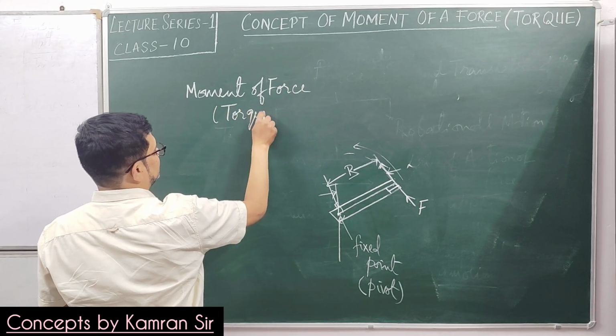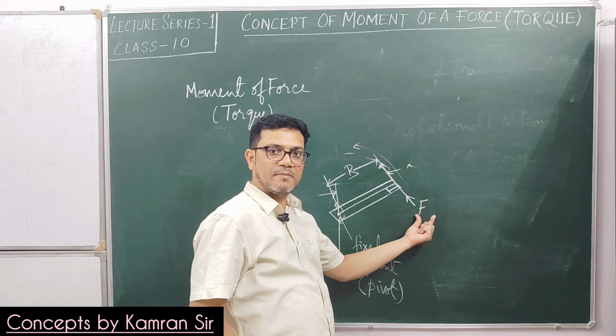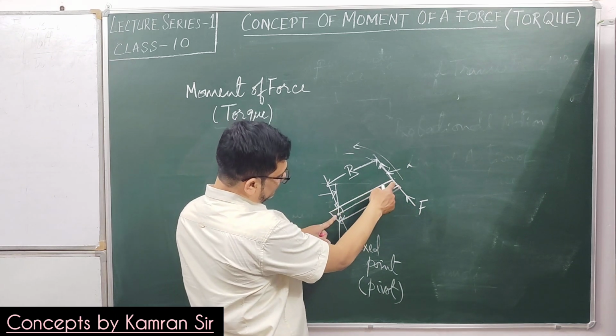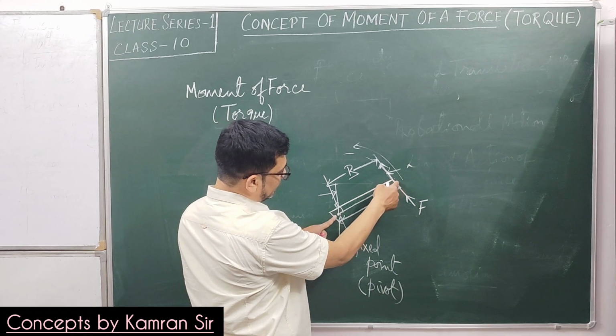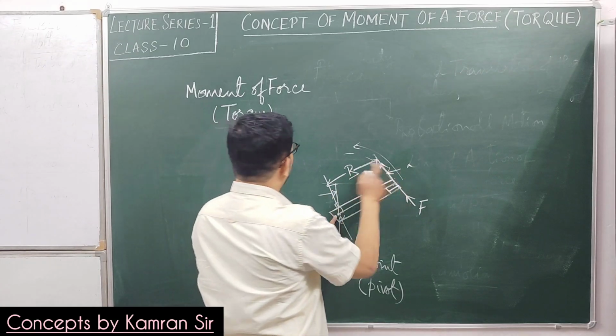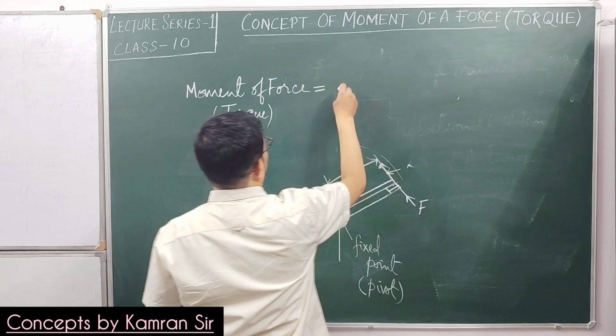This torque depends upon two quantities. One is the magnitude of the force, and another is the perpendicular distance of the line of action of force from the fixed axis. The product of these two quantities is the moment of force.